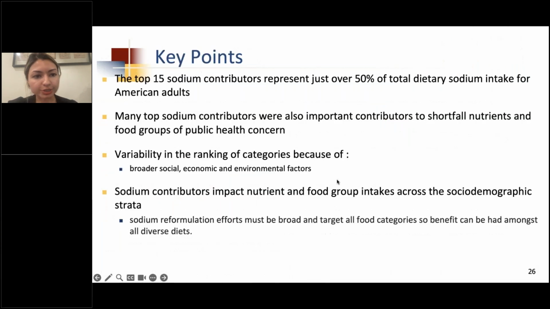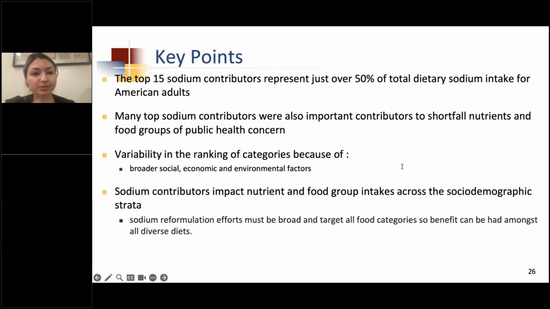So in conclusion, the key points I want you to take away from today's presentation are that the top 15 food category contributors to dietary sodium represent just over 50% of total dietary sodium intake for American adults.